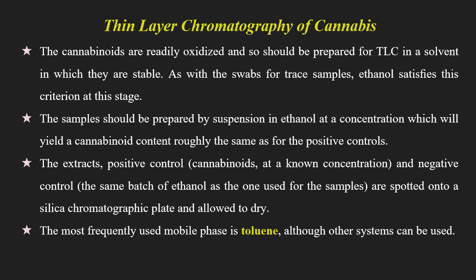The extracts, positive control and a negative control are spotted onto a silica chromatographic plate and allowed to dry. The most frequently used mobile phase is toluene, although other systems can be used.